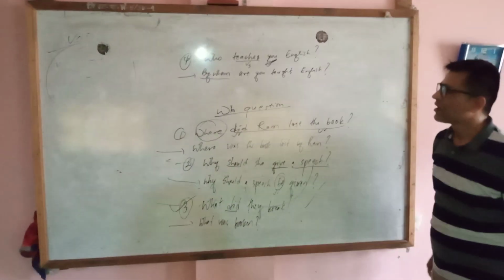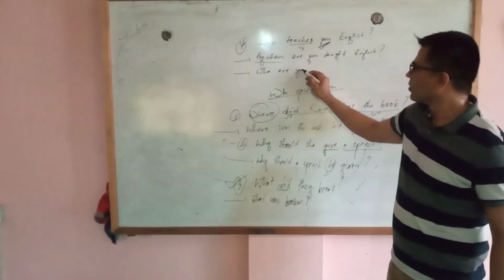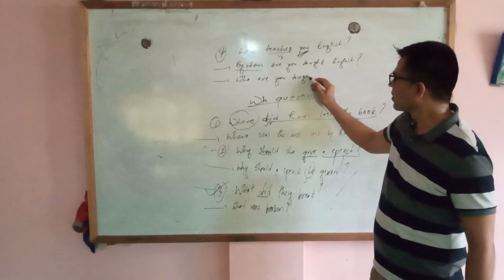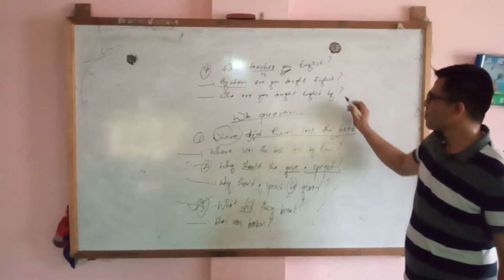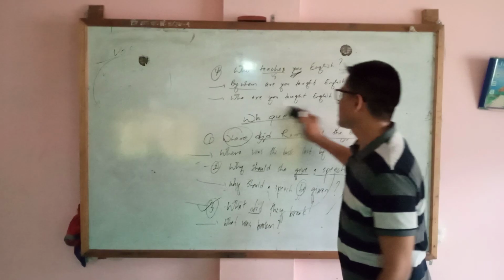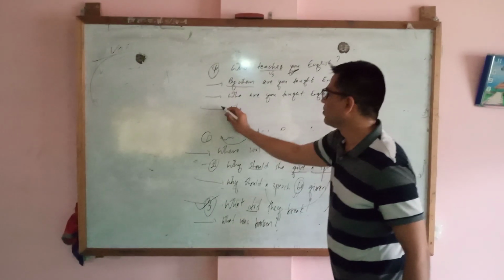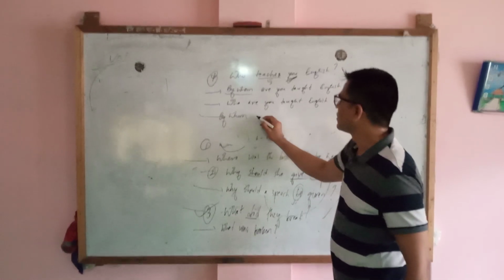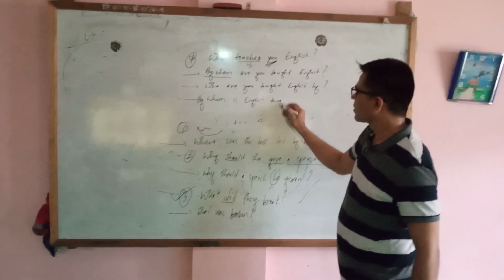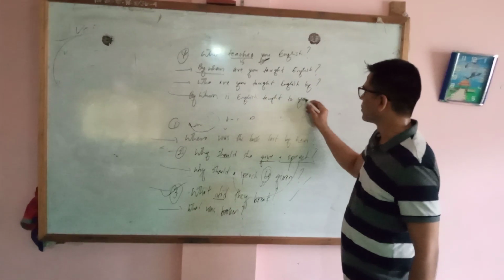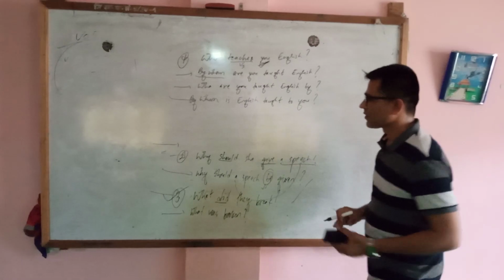Right? Or you can use, who are you taught English by? This also you can do. Or you can also do, who, by whom is English taught to you. This is the way of changing active to passive.